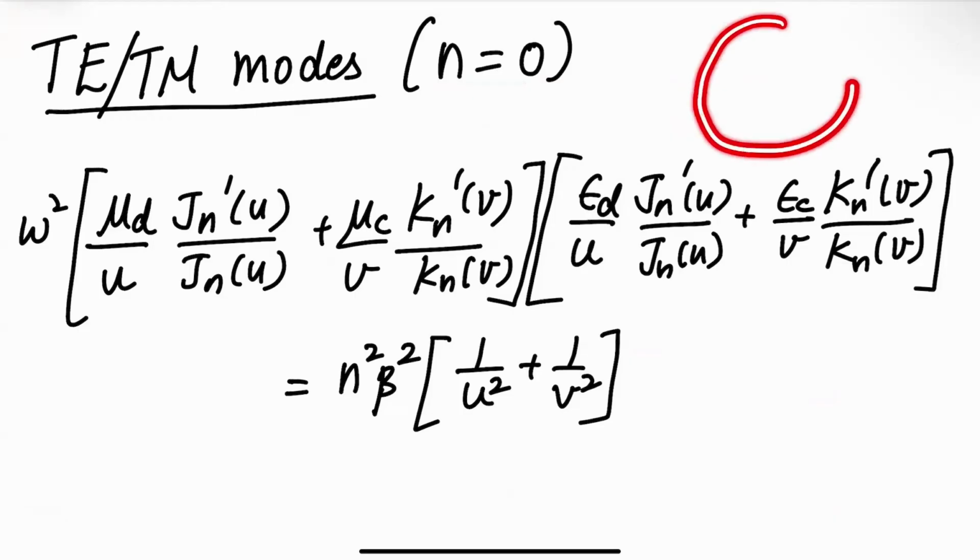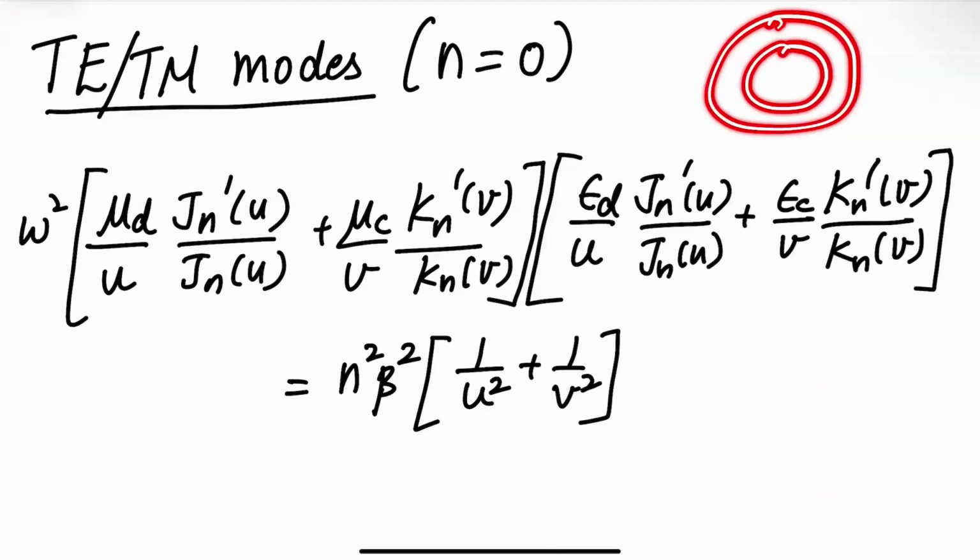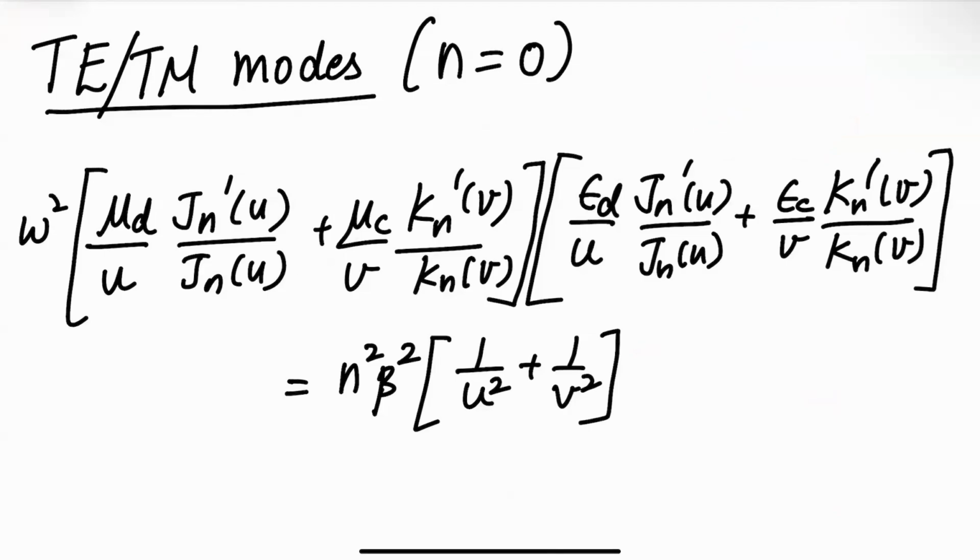So now you're looking at modes that have azimuthal symmetry. Maybe it's like that, right? Or a mode that's like this. So it has to be azimuthally symmetric modes. Azimuthally invariant, I would call it, rather than symmetric.